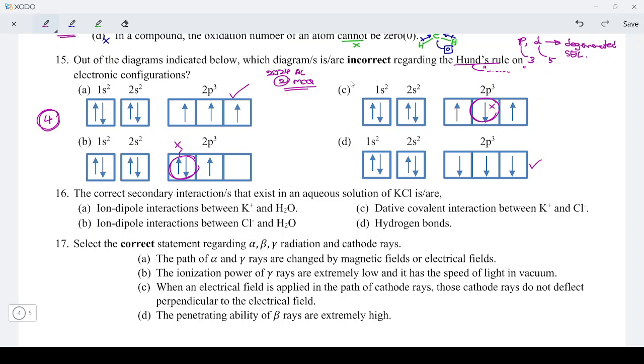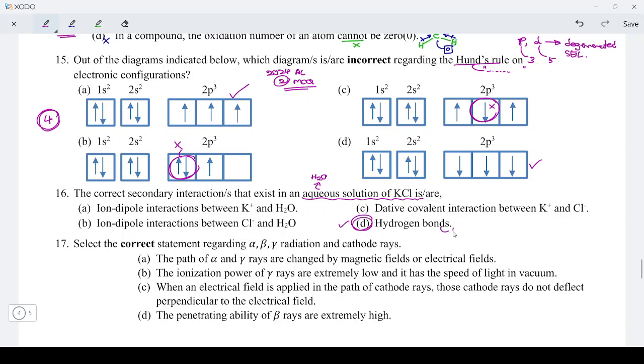Right, now the 16th question. The correct secondary interactions that exist in an aqueous solution of KCl. So look at the solution. It's an aqueous solution which contains water as well, and in that solution KCl is dissolved. So don't forget this aqueous part which tells it is having water. So between water molecules you have hydrogen bonds, that's true.